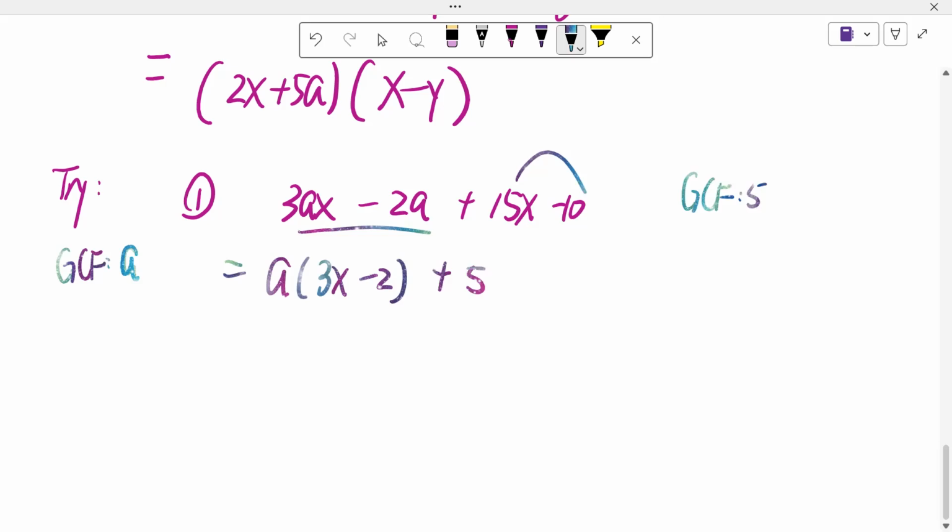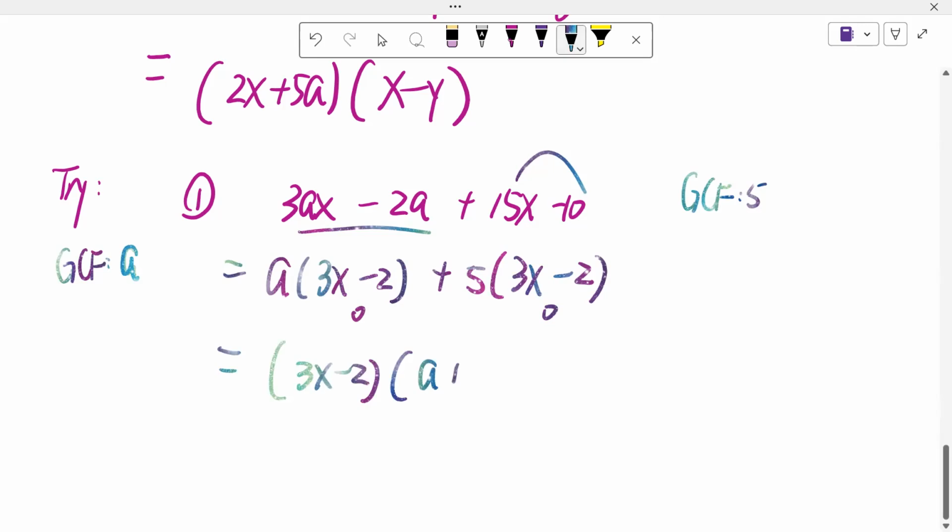So factor out 5, then we get 3x minus 2. And one more time, we get GCF 3x minus 2. Put it in the front. A remains for the first term, plus 5 remains for the second term. Okay. Any question about this?